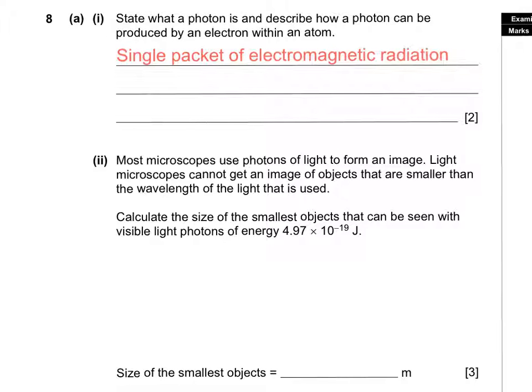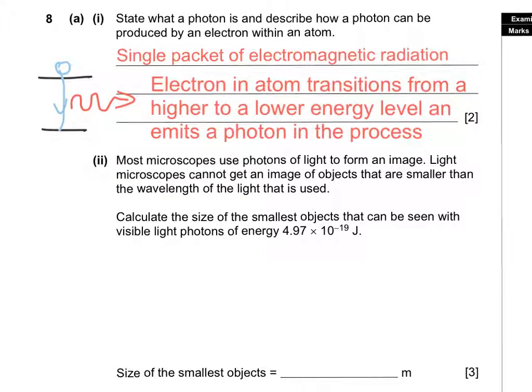How do you get a photon? Well, you need an atom with an electron in a higher energy level, and then that electron transitions down, and in the process a photon gets emitted. So an electron in an atom transitions from a higher to a lower energy level and emits a photon in the process.